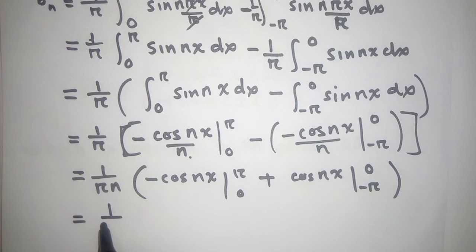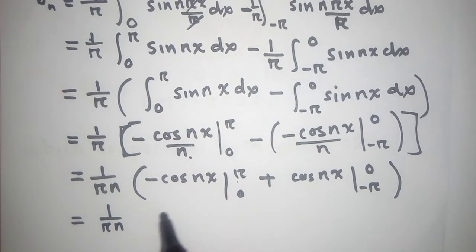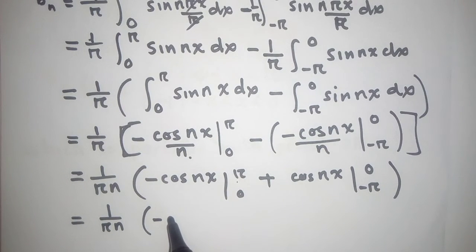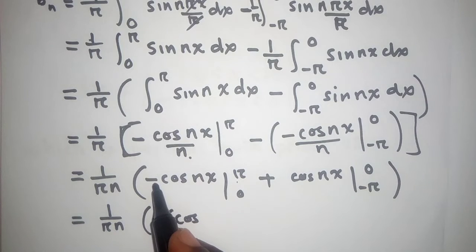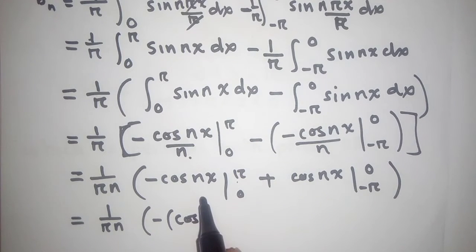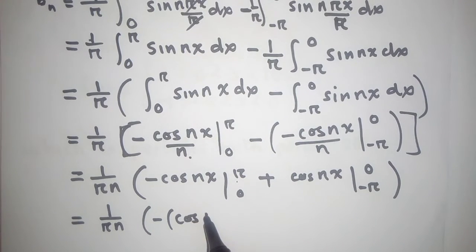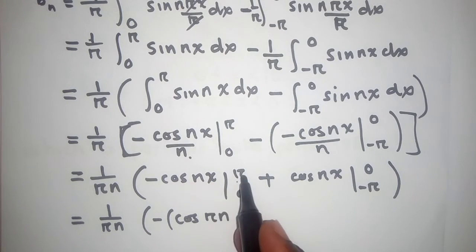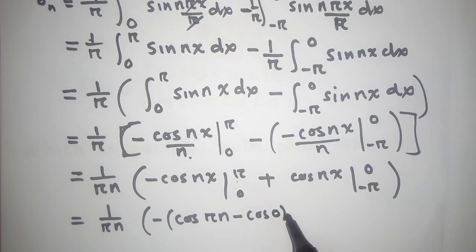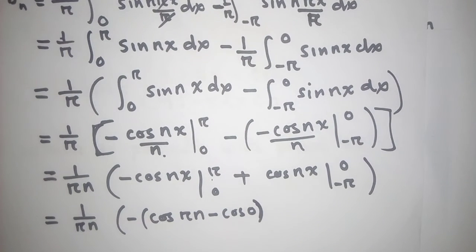So when you plug in the limits, here we have a negative here. We can factor it out, so that we say pi n. I've put this here, okay, pi right here, minus the lower limit cos 0. Okay, so we're done there.